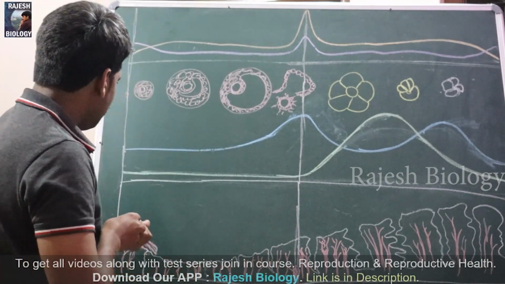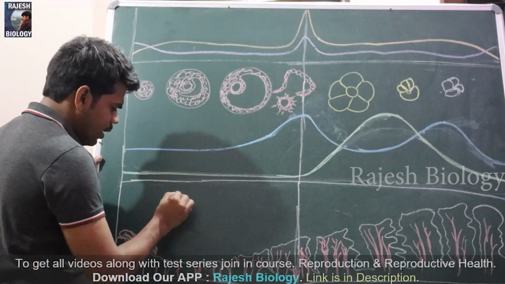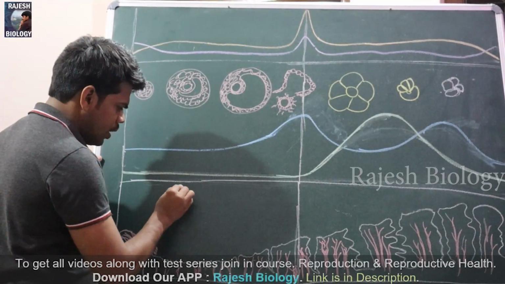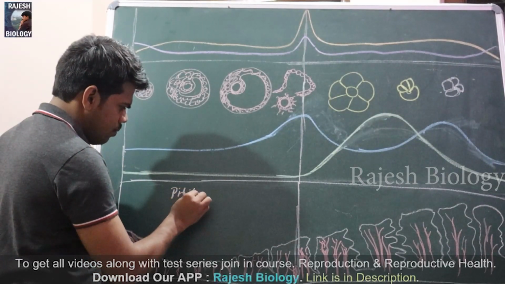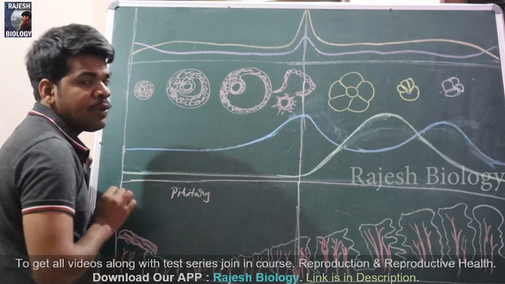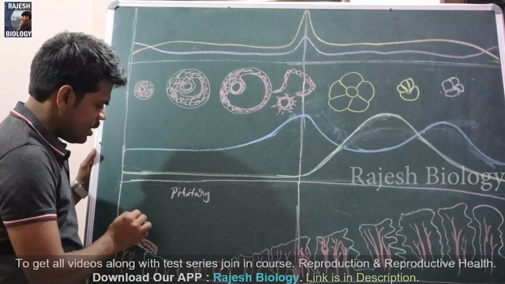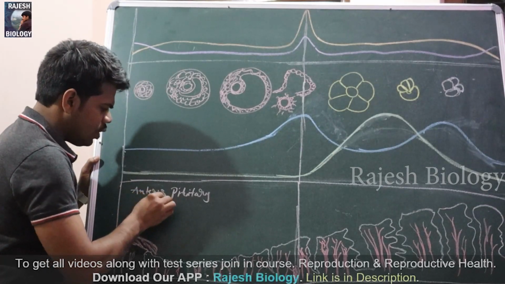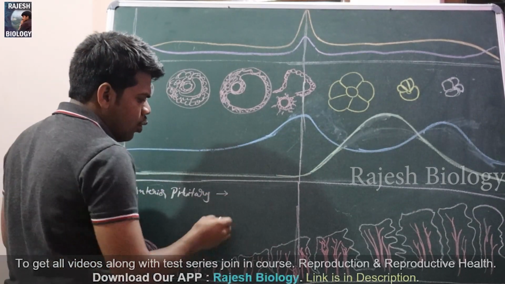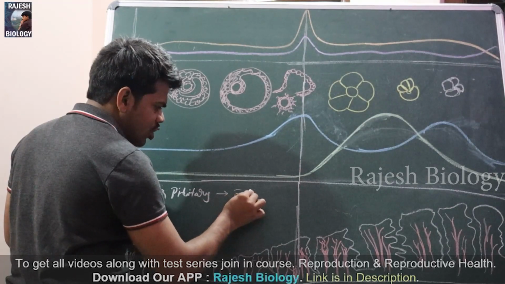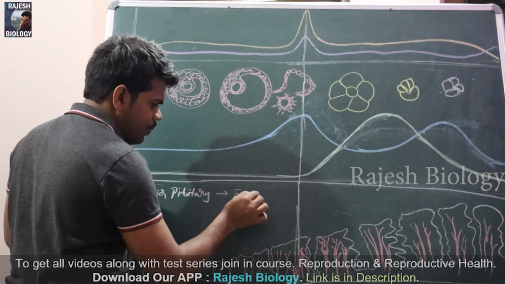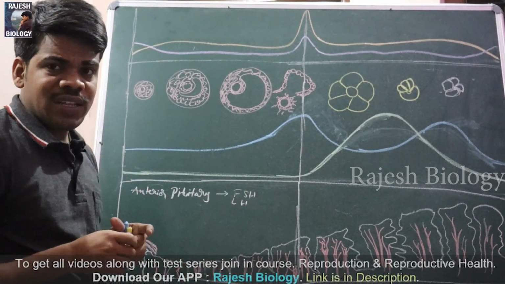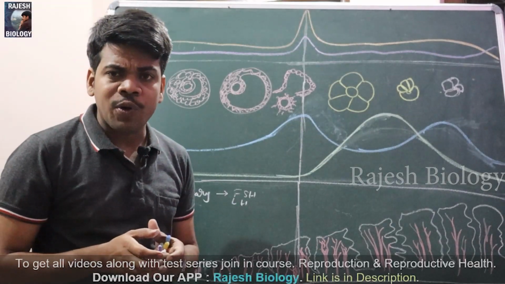So what are they? First, I'll write here, the pituitary gland, the anterior pituitary, mainly the adenohypophysis, which is going to release the gonadotropins, that is FSH and LH. FSH and LH both are called gonadotropins.